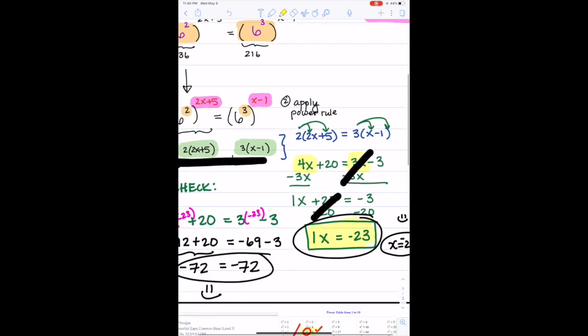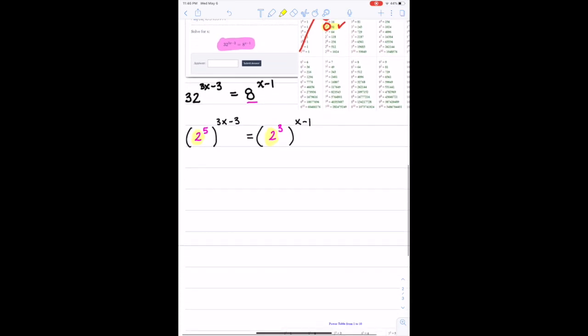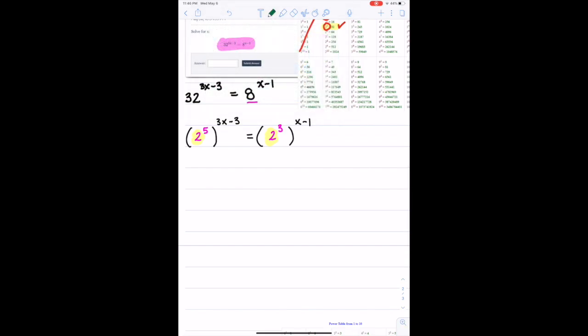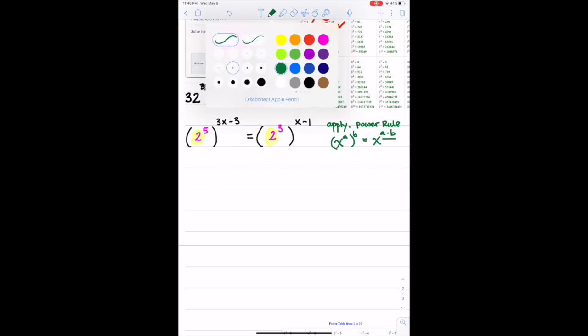Okay, so that was step 1. Remember, step 2 is to apply the power rule. So remember the power rule. If we have a power to another power, we just multiply those two powers together. So I'm going to apply it on this side.